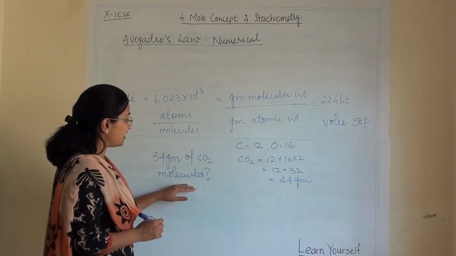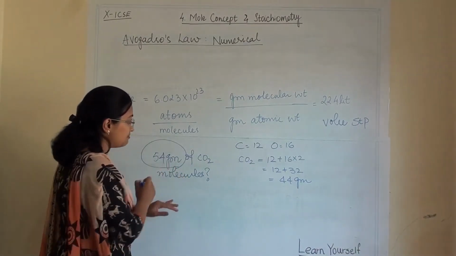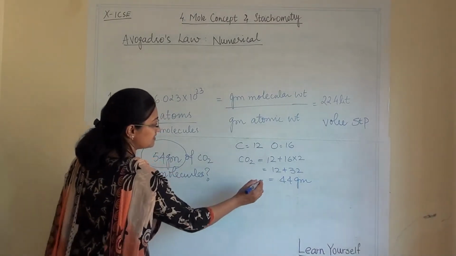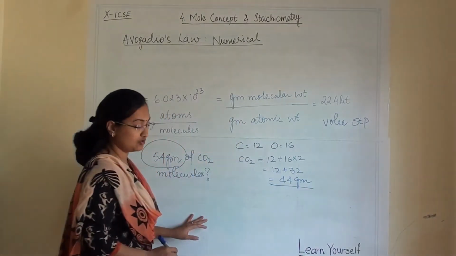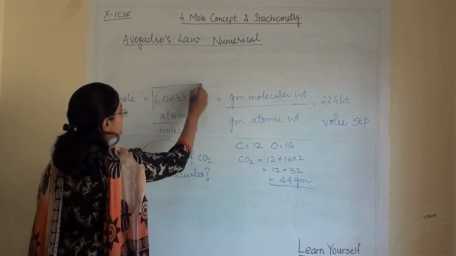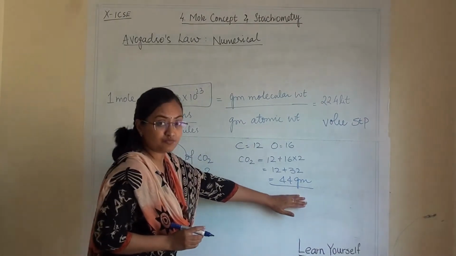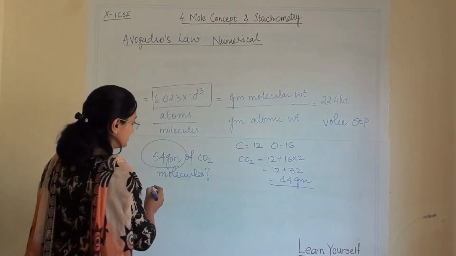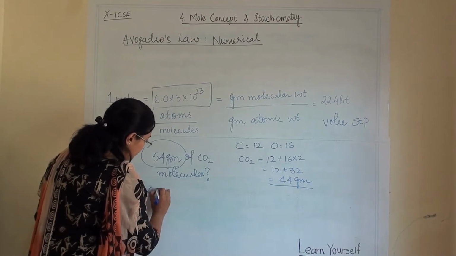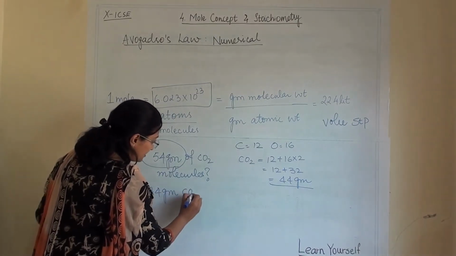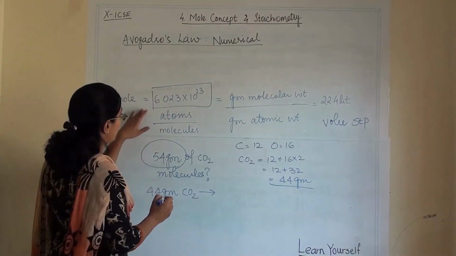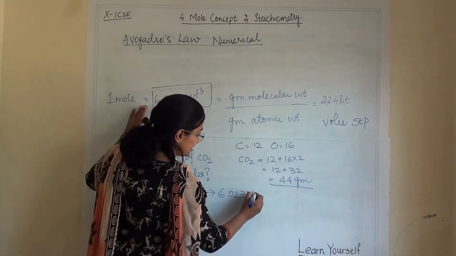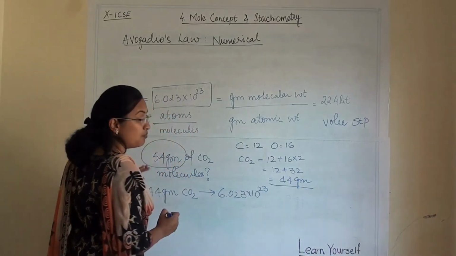We need to find out molecules from the mass. From this standard key we know the molecular mass. We know that at this much mass, this many molecules are there. Then we will write that 44 gram of carbon dioxide has 6.023 10 raised to 23 molecules.